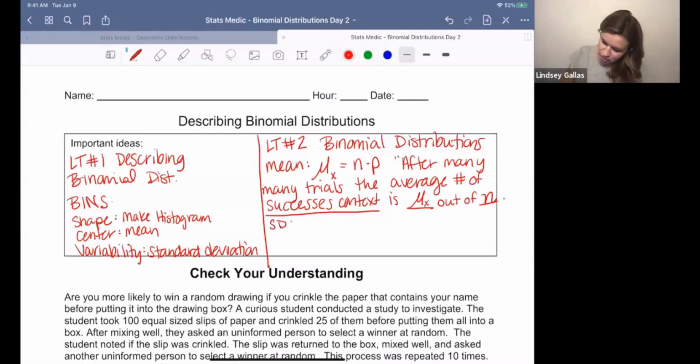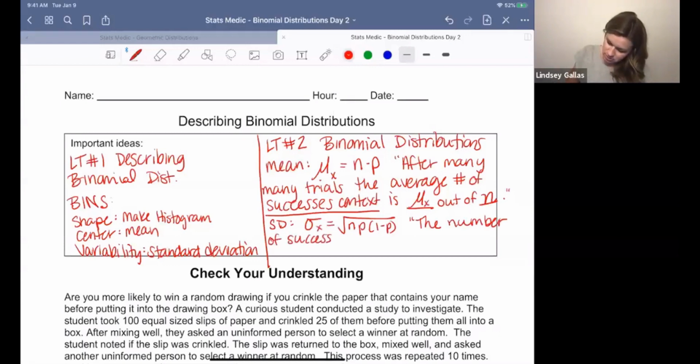For the standard deviation, our formula is the square root of n times p times 1 minus p. And my interpretation is the number of successes, and again in context, typically varies by blank from the mean of, and what I would do here is again say like out of how many.